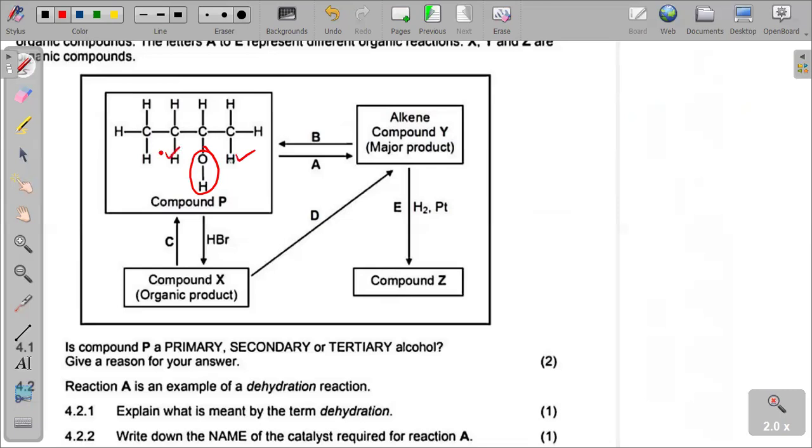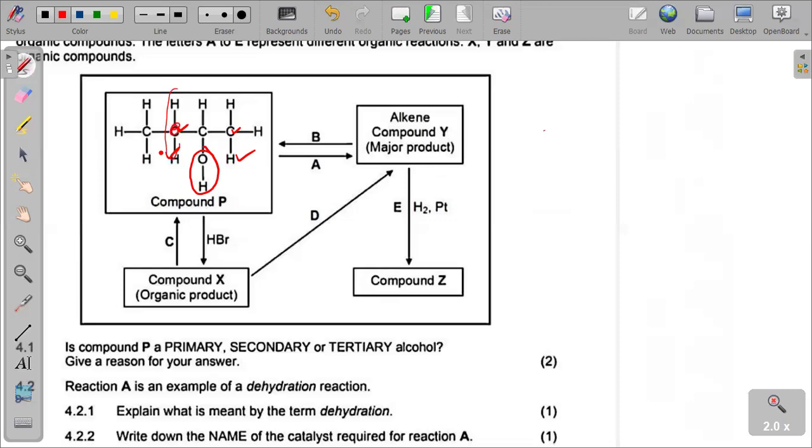Saytzeff's rule is saying the H atom that must be removed is the one bonded to the C atom with the least number of H atoms. Apparently the one that has the least is this C atom here. So since it is the one with the least, its H atom is going to go.